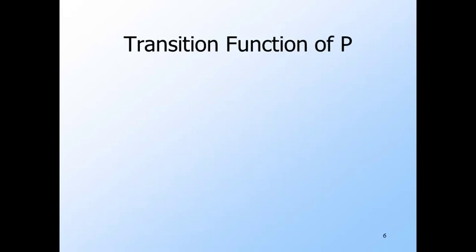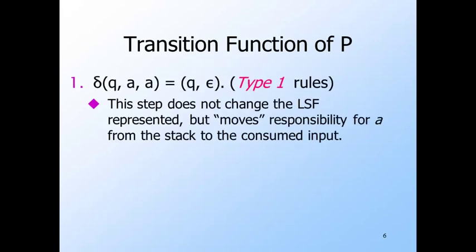There are two kinds of rules in the transition function of P, depending on whether a terminal or variable of G is at the top of P's stack. The type 1 rules handle the case where A is the terminal on top of P's stack. There better be an A as the next input symbol, or P has guessed wrongly about the leftmost derivation of the input as it actually exists.